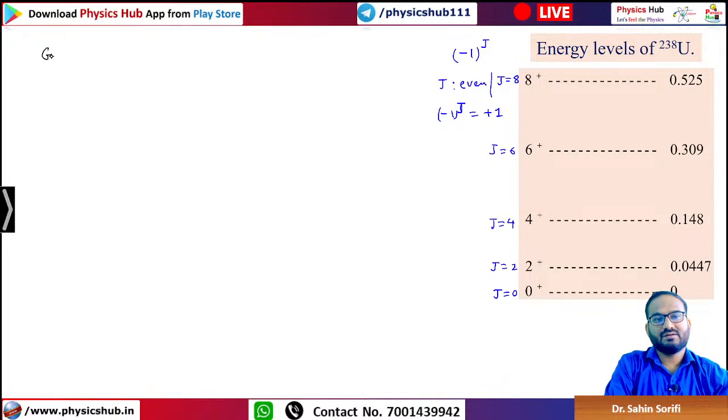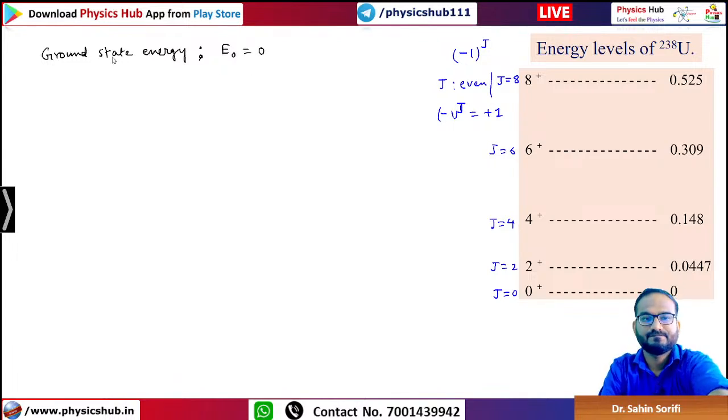Now what is the ground state energy? E0 is equal to 0, right.